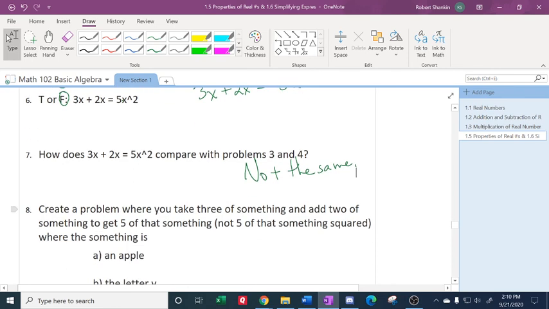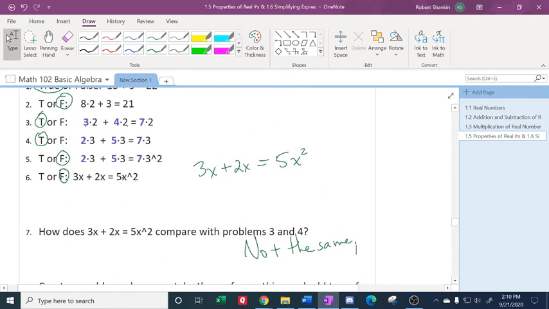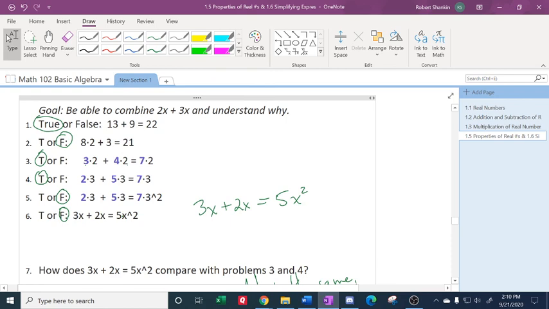Alright, now, what we wind up doing in math is something that feels very awkward and non-intuitive. The real answer here is 3x plus 2x. You add the numbers, but you don't do anything with these. You just write it as x.